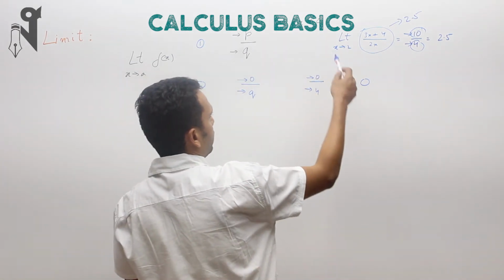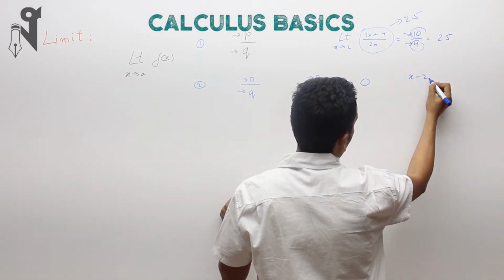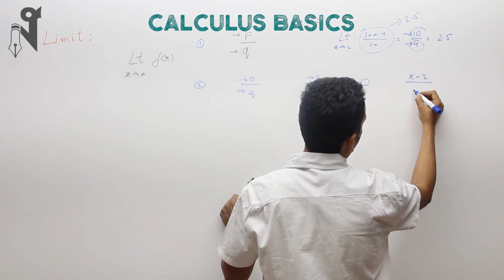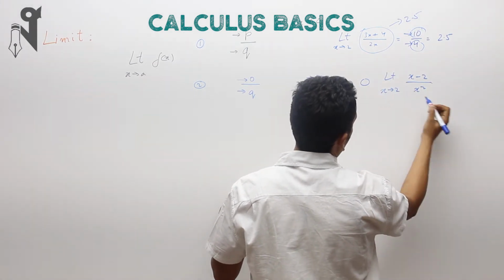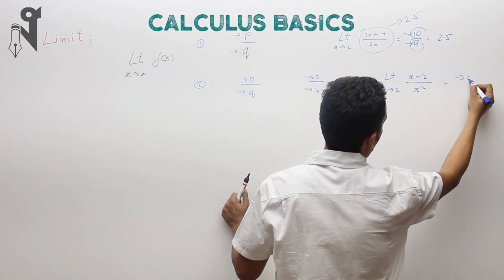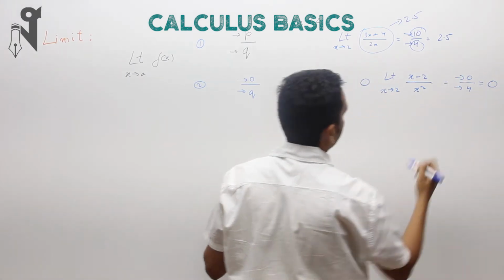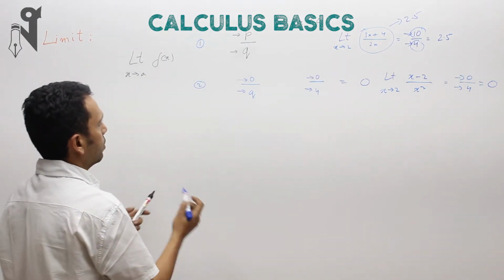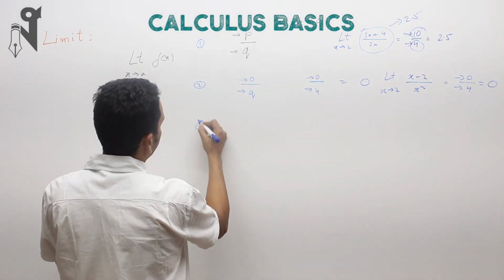So again, I'm not going to explain. I can write an example over here. Say x minus 2 divided by x square, limit x tends to 2. So what is it? The top is almost equal to 0, but the bottom is almost equal to 4, and hence your answer is 0. So that's your other kind. The next kind, number 3.